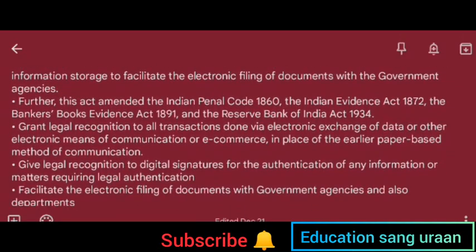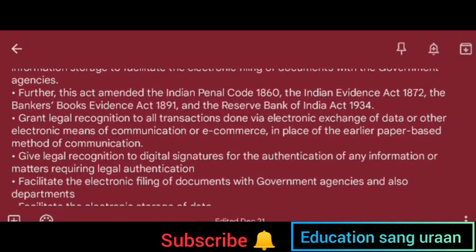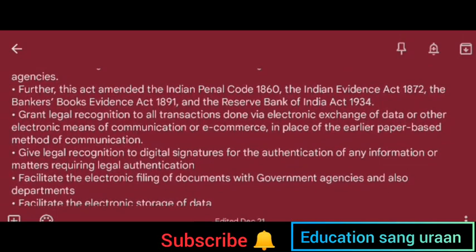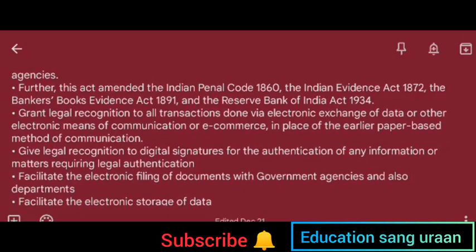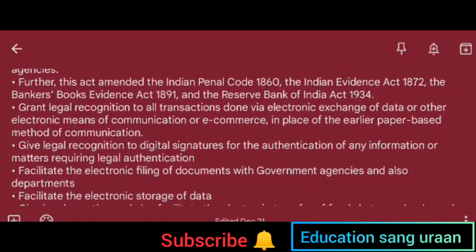Further, this Act amended the Indian Penal Code 1860, the Indian Evidence Act 1872, the Bankers' Books Evidence Act 1891, and the Reserve Bank of India Act 1934.